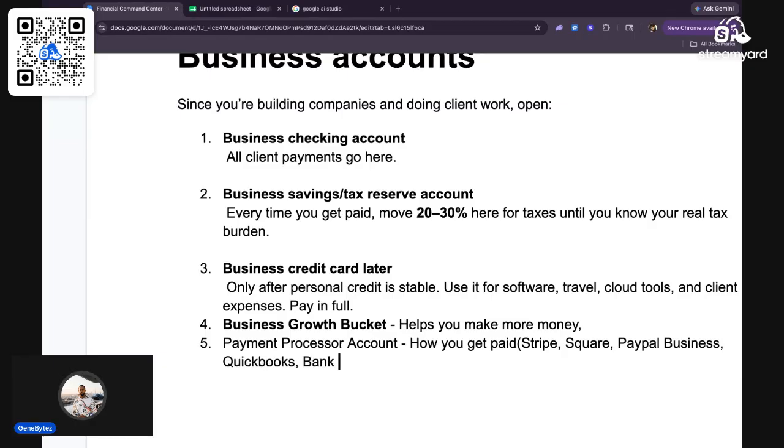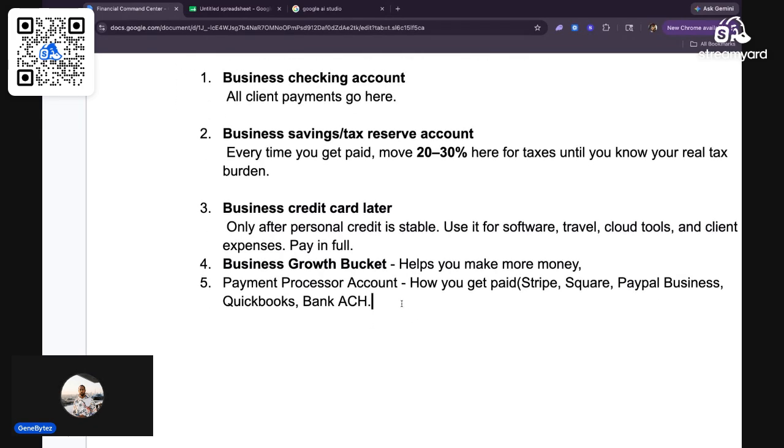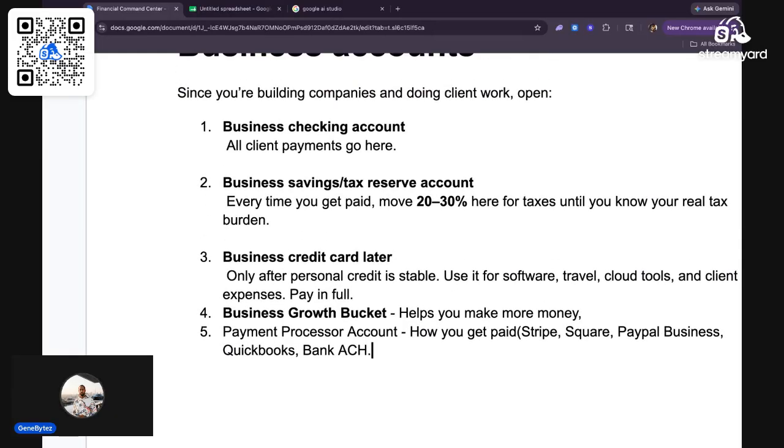Bank ACH is where a lot of my payments go through, because I'm working with very large amounts. Credit card processing involves a lot of fees, and when somebody's paying me five to $25,000, you don't want to incur a large credit card processing fee on that. Well, some businesses do because it's a company card.